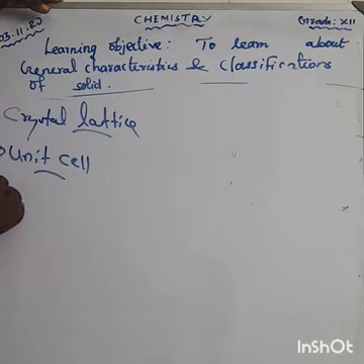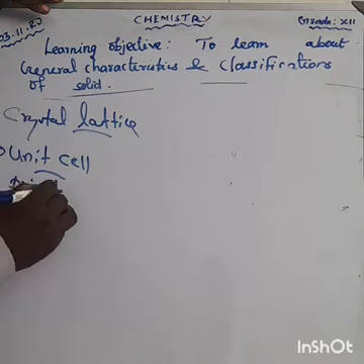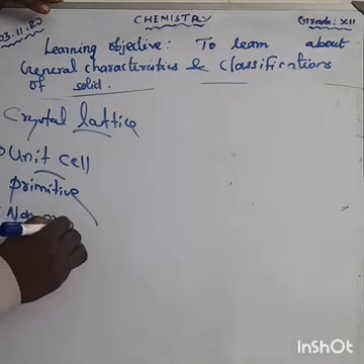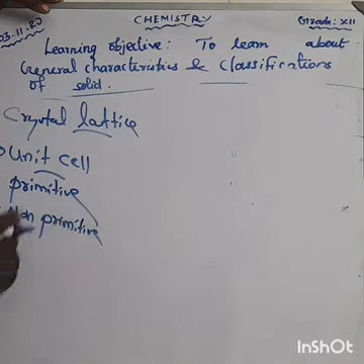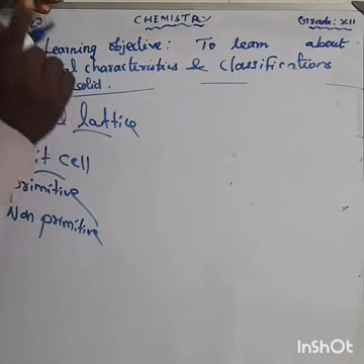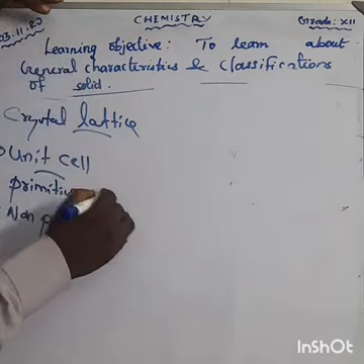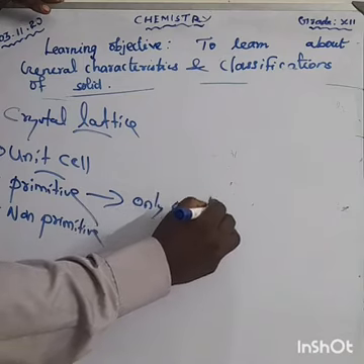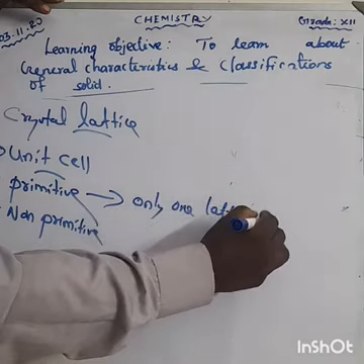That's a very important question: primitive and non-primitive. What is primitive? A unit cell that contains only one lattice point. Don't forget, only one lattice point.